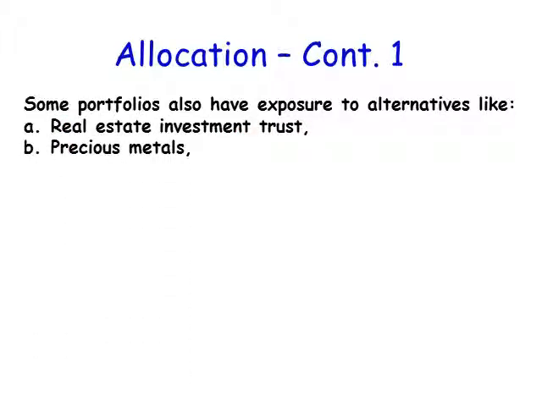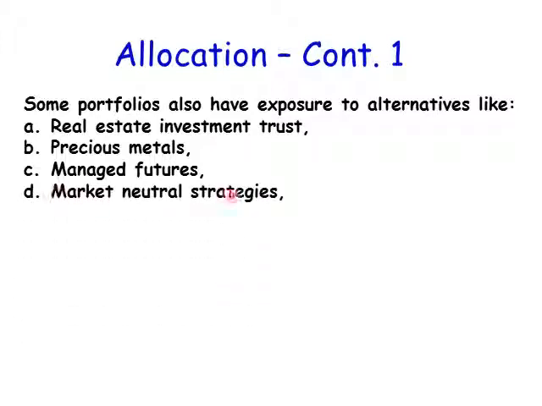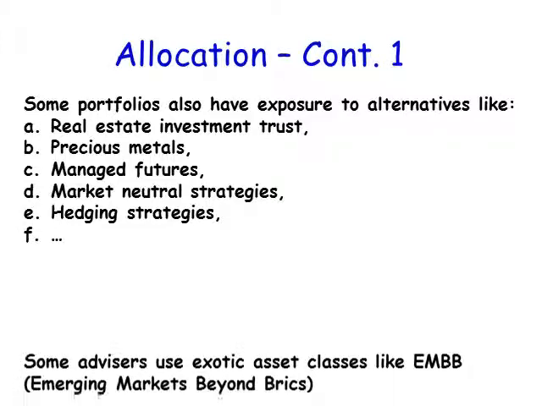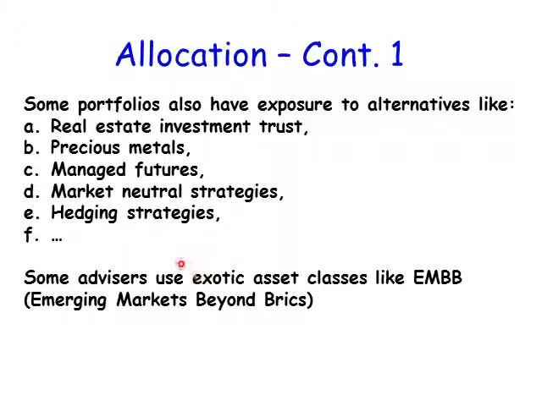Some portfolios also have exposure to alternatives like real estate investment trusts, precious metals, managed futures, market neutral strategies, hedging strategies, and some more. Some advisors also love to use exotic assets like EMBB, which is emerging markets beyond BRICS.